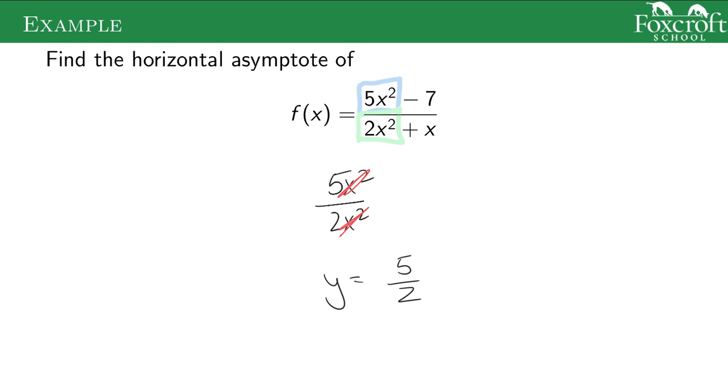That's all the work: you look at the highest power of x, and if the top is bigger, one thing happens; if the bottom is bigger, another thing happens; when they're the same, they cancel out and I just get the numbers. As I go off to the right forever, my y values would be closer and closer to 5/2.